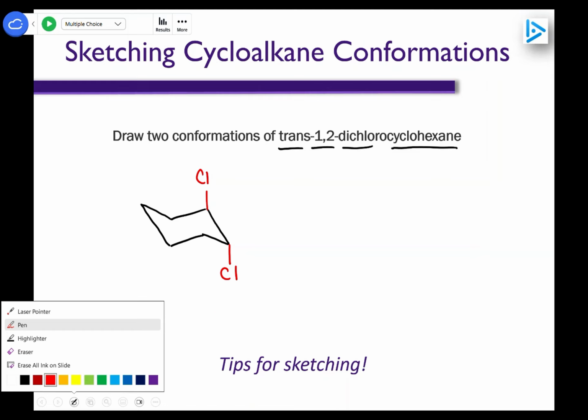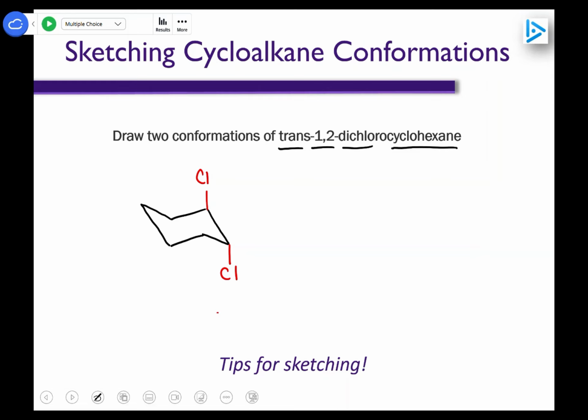Now, drawing in the axial and equatorial is really helpful. So every second carbon is going to have an axial and an equatorial. I find it easy to draw in the 3 up axials and then to draw in the 3 down axial positions. Those ones are easiest for me to identify.